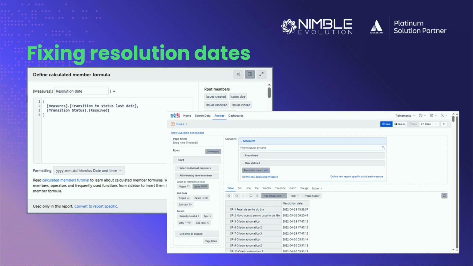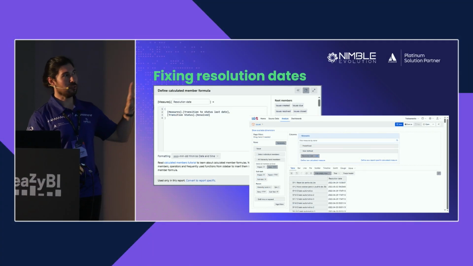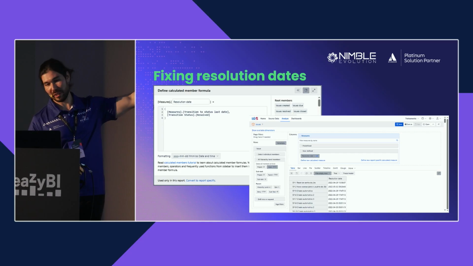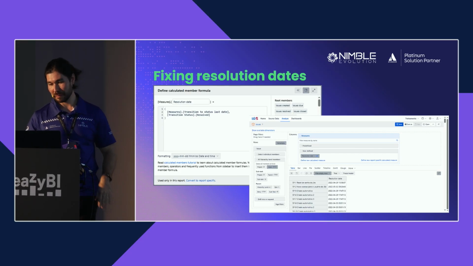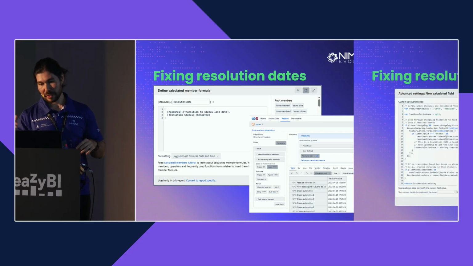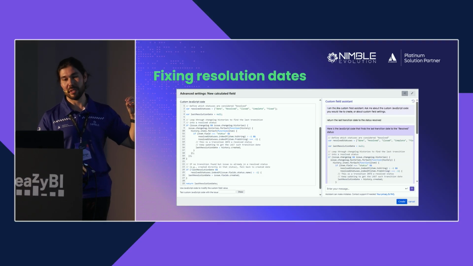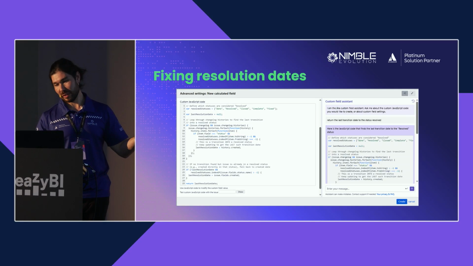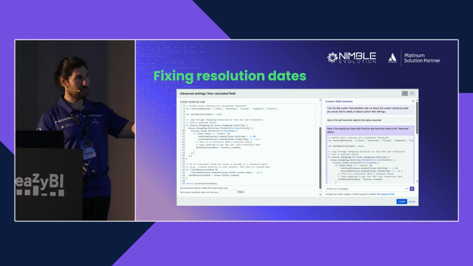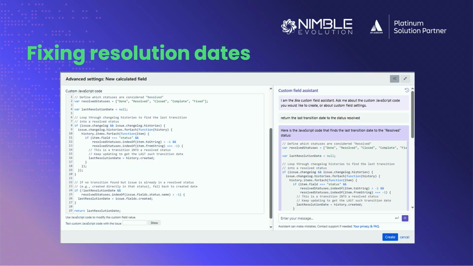You just need to understand how the workflow is and when it was supposed to be resolved. And don't be afraid to write formulas, because a system can help you. Also, in a lot of scenarios, maybe there's a complex case where you're going to need JavaScript code, but you can also do it with the assistant, so don't be afraid of coding.